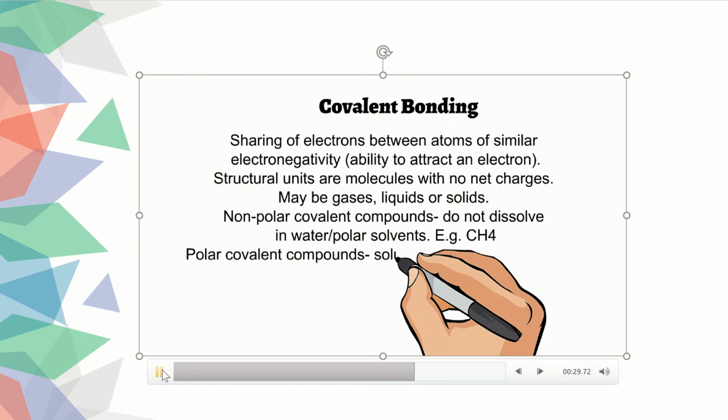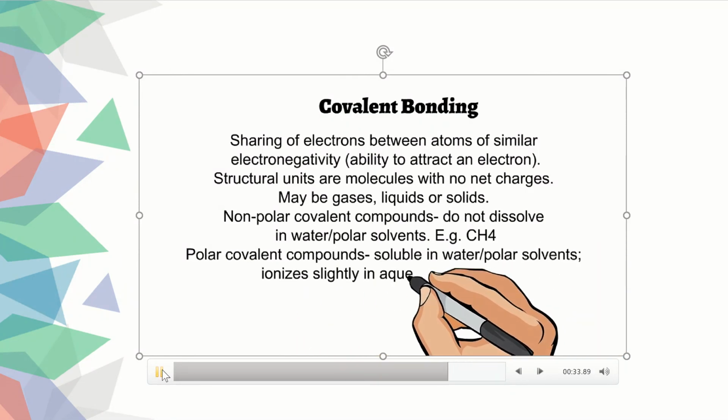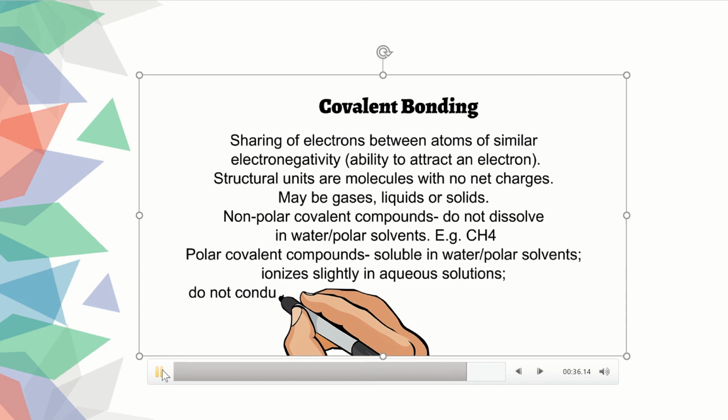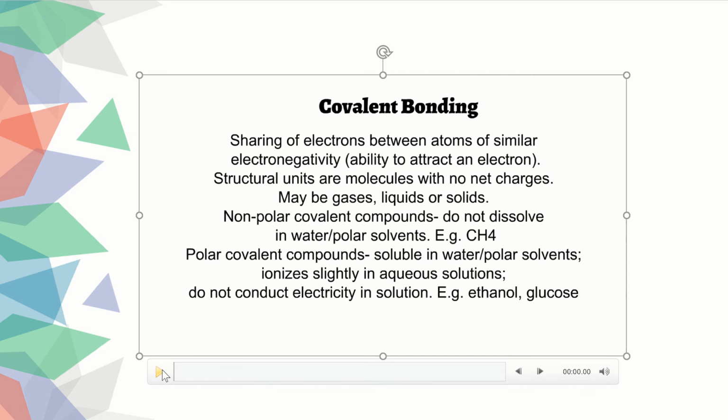The nonpolar covalent compounds do not dissolve in water or polar solvents, such as methane. Polar covalent compounds, however, are soluble in water or polar solvents, and ionize slightly in aqueous solutions, and of course do not conduct electricity, for example ethanol and glucose.